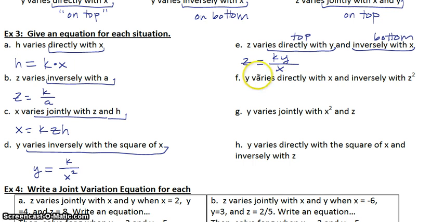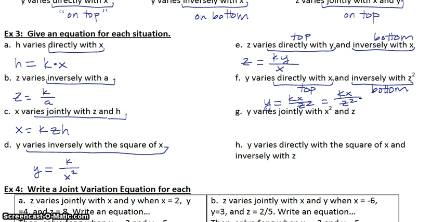Part F. Y varies directly with X and inversely with Z squared. So directly with X, inversely with Z squared. Let me rewrite that so it looks a little nicer. So KX divided by Z squared.